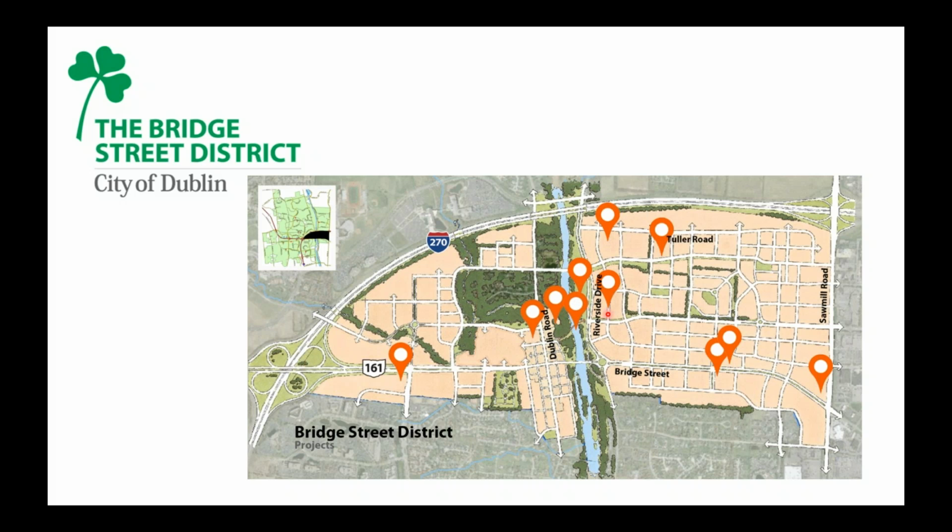And the new part of Dublin, downtown Dublin, is being developed on the east bank of the river. And so the city has been trying to develop a walkable city. So the intent is to have a city where people can live, work, and go out and have entertainment all right here in the downtown area.